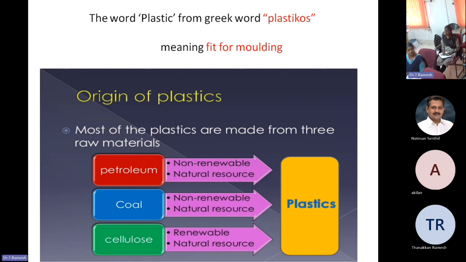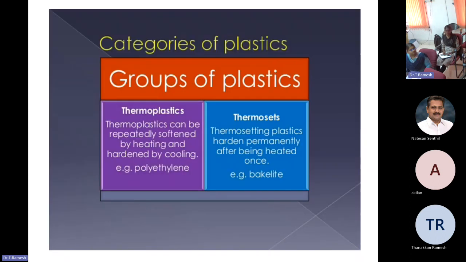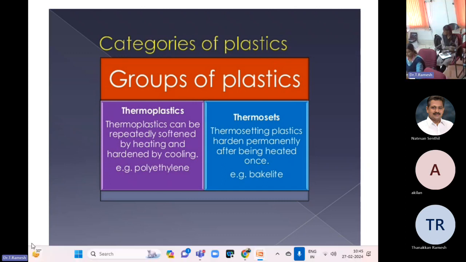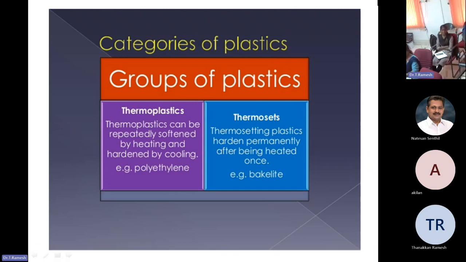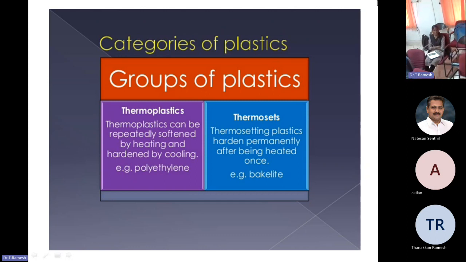renewable. Please, next one. Just a few slides about this: plastic can be grouped into thermoplastics and thermosets. Our polyethylene comes under the group of thermoplastics. It means that on heating it becomes soft, and on cooling it hardens.